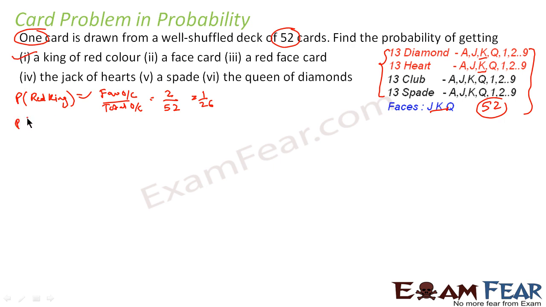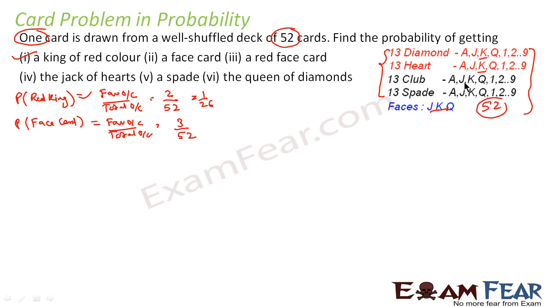The second says find the probability of face card. Same here also, favorable outcome by total outcome. How many face cards possible? 3 face cards. So this is 3 by total number of cards we have, 52. Sorry, we have 12 face cards. Why?